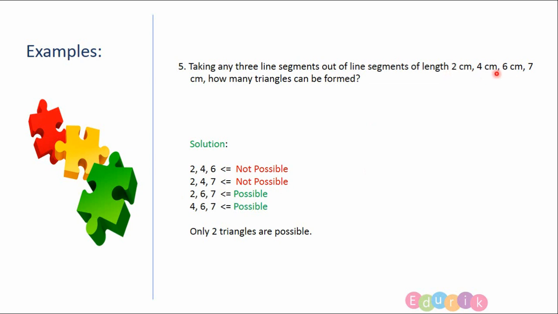Now there is one more case, 4 cm, 6 cm, 7 cm. This triangle also, if we consider the sum of any 2 sides, 4 plus 6, 10, greater than 7; 4 plus 7, 11, greater than 6; and 6 plus 7, 13, which is greater than 4. So such a triangle is also possible. Only 2 cases are there where we can form a triangle.